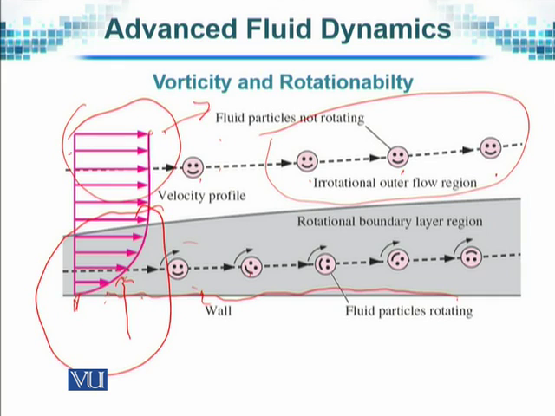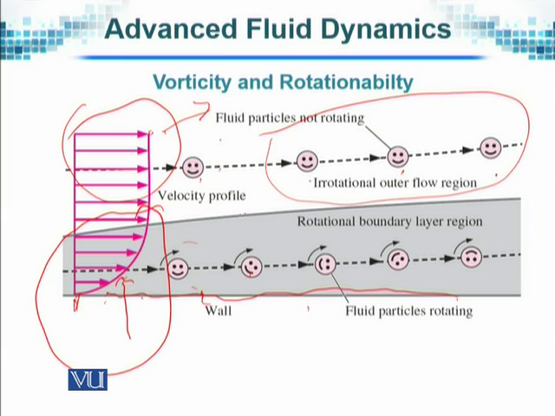The velocity profile here becomes almost uniform, but close to a solid boundary, due to viscosity, the fluid sticks to the wall. The velocity there is zero. As it slowly moves away, we observe that the velocity is slowly increasing.